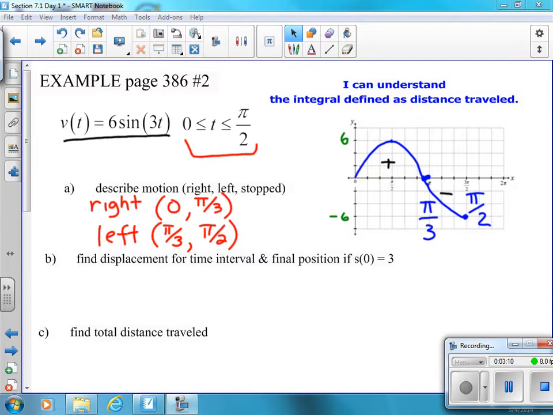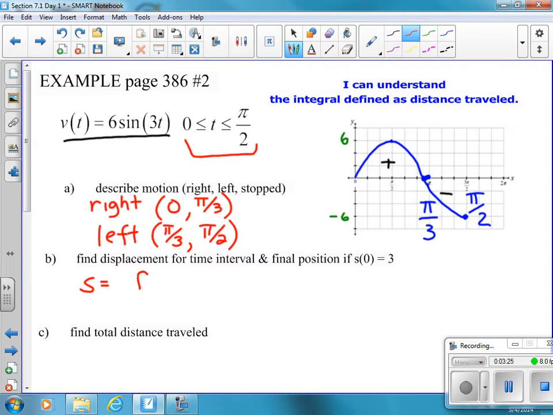The next question is to find the displacement in the time interval and find the final position. So this is 2 questions. First of all, to find the displacement, you take the integral from 0 to pi over 2 of the derivative curve, which is 6 sine 3t.